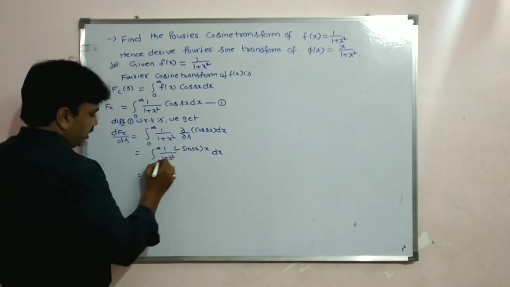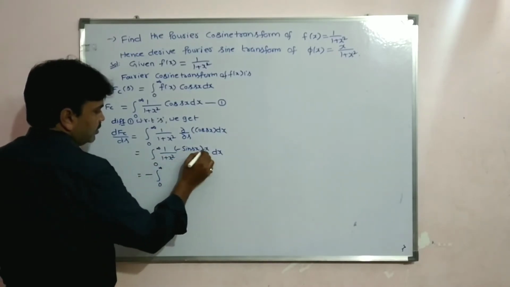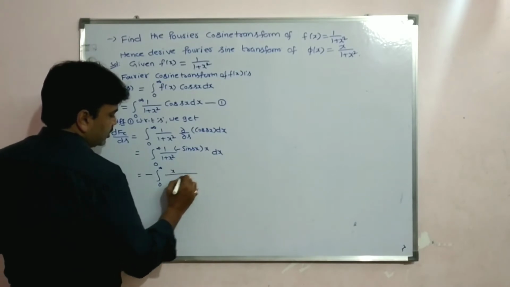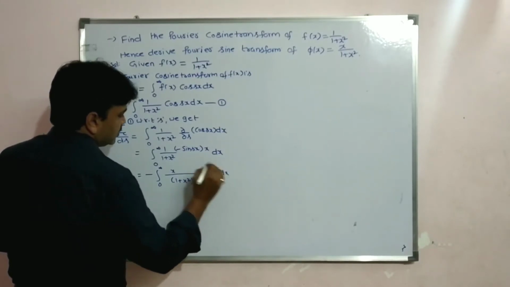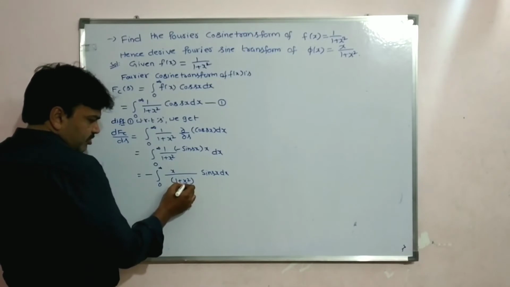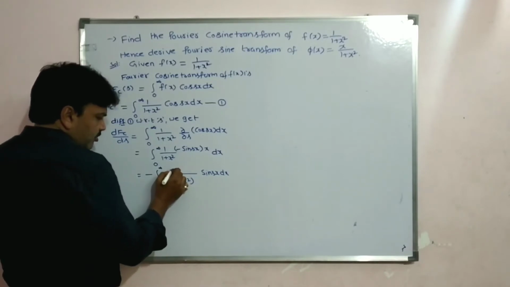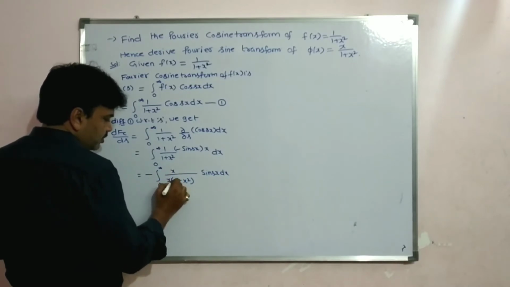That is equal to minus integral 0 to infinity x divided by 1 plus x square into sin sx dx. Now, here we have x square in the denominator, so I want x square in the numerator also. So multiply by x by x.